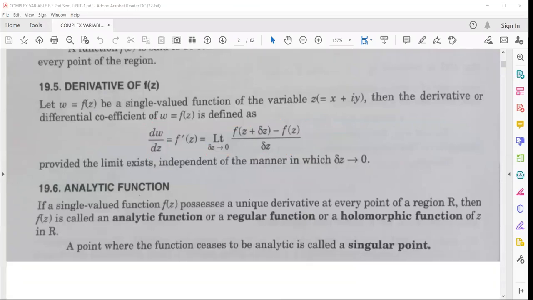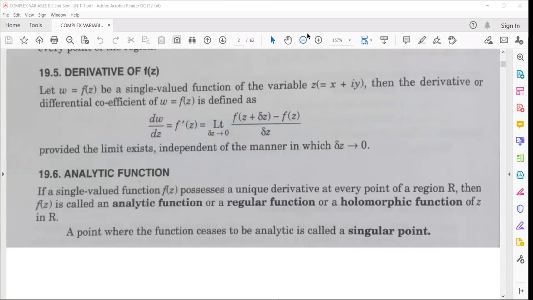Now next is your analytic function. When a function is said to be analytic, try to understand. So what is an analytic function? A single valued function f z possesses a unique derivative at every point of a region R. That means suppose you have a region R where a function f of z is defined.